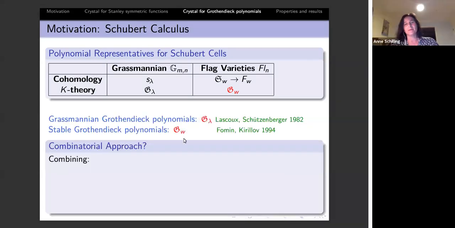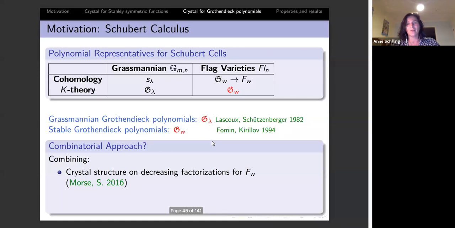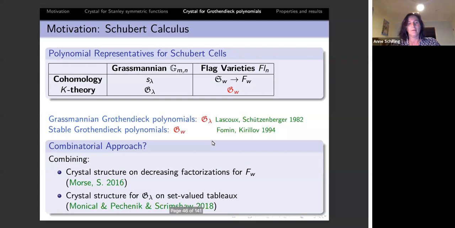the stable ones by Fomin-Kirillov. And what we are going to do today is combine the crystal structure for the Stanley symmetric functions that I defined last time with the crystal structure on set-valued tableaux by Monical, Pechenik, Scrimshaw.